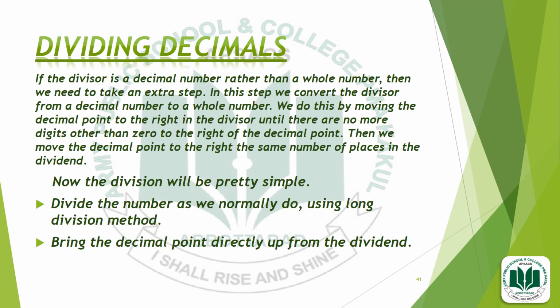Then we move the decimal point to the right the same number of places in the dividend. Next, the division will be pretty simple. Divide the number as we normally do using the long division method and bring the decimal point directly up from the dividend.